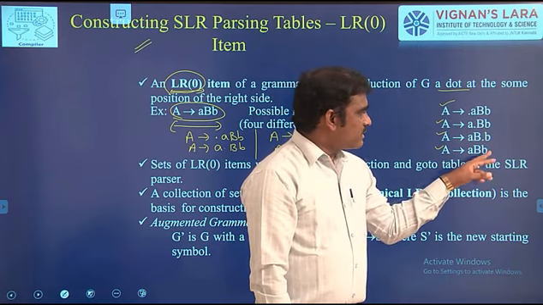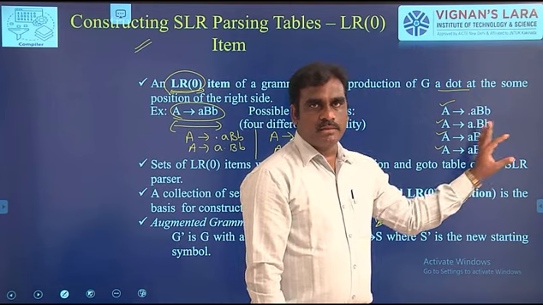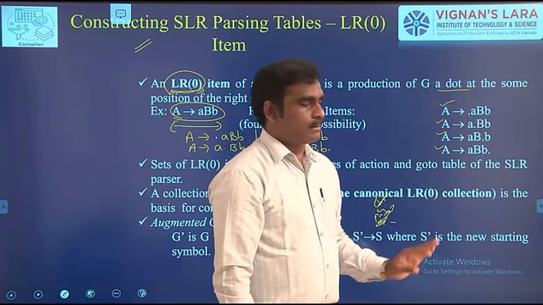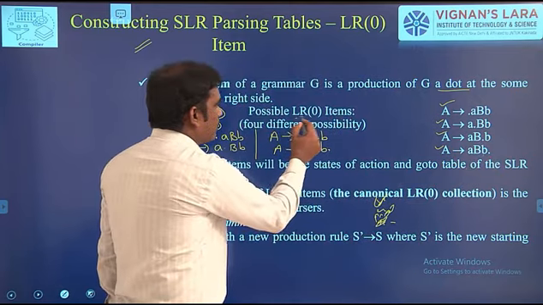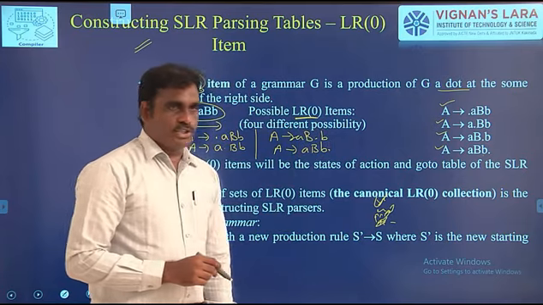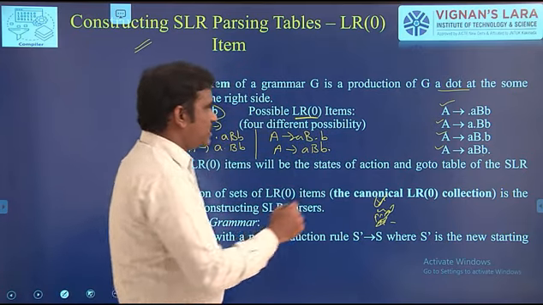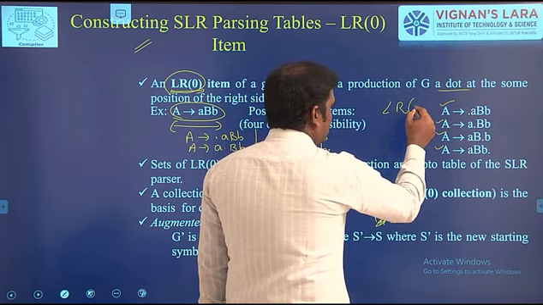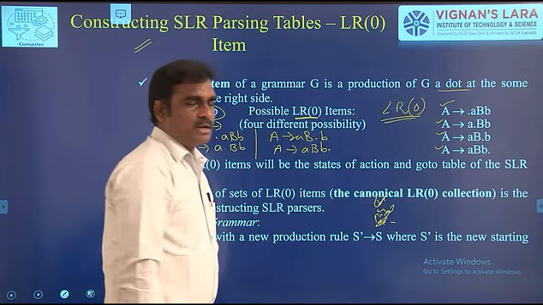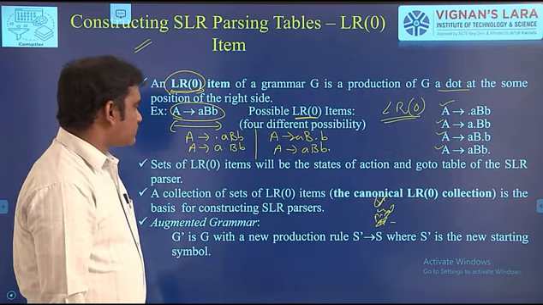Now the dot is at the end, followed by no symbols, so the process is completed. These productions we call LR(0) items.